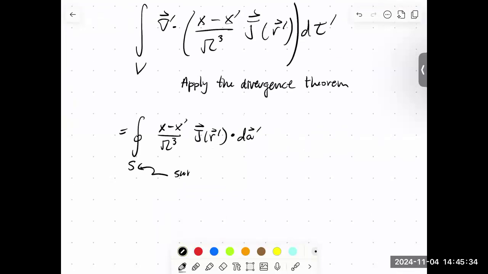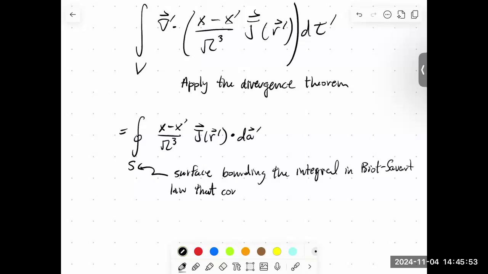So this is the surface that is bounding the integral in the Biot-Savart law that contains the current density.